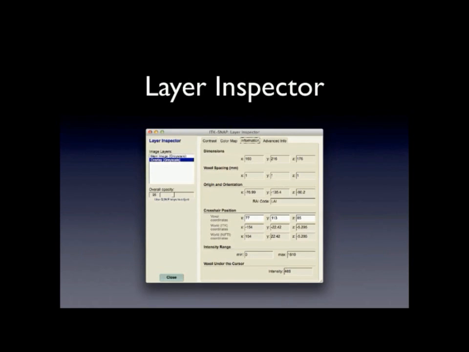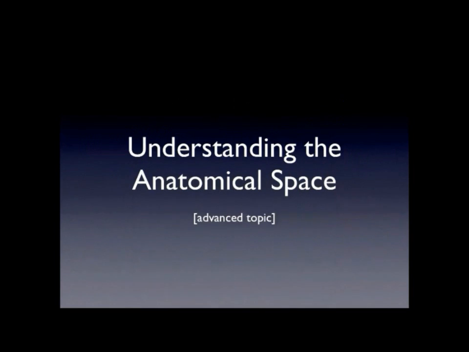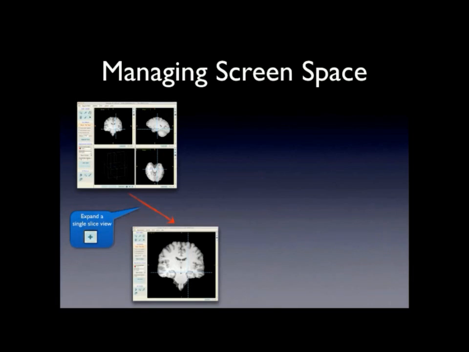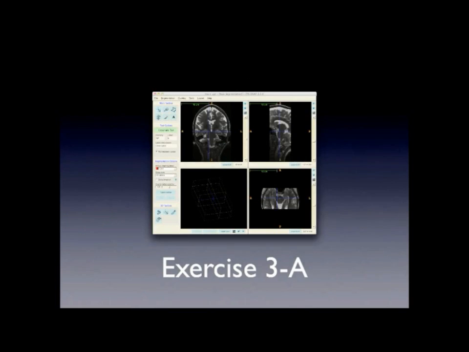How are we doing with time? All right. I'm going to wrap up to give you a chance to do the exercise that we have. So I'm going to skip through a couple of less important points, skip through some of the slides here, and get you all to do the exercise for this session, which is 3A.